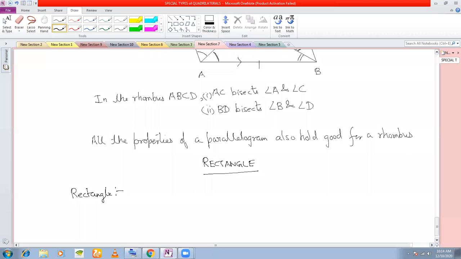Now a rectangle is also a parallelogram, a special kind of parallelogram in which one of the interior angles is a right angle.